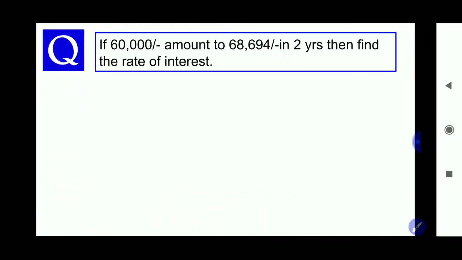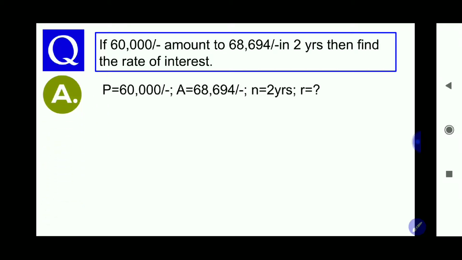Now let us solve one more question. If 60,000 rupees amount to 68,694 rupees in 2 years, then find the rate of interest. In this question, P is 60,000, A is 68,694, n is equal to 2 years.